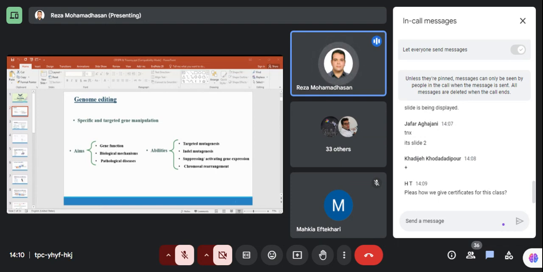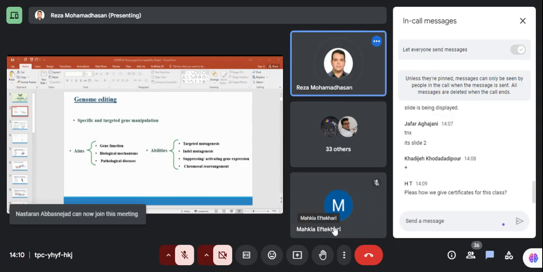But in NHEJ, you don't need the patterned donor DNA in editing. So both sides of the break can stick together to fix the break.